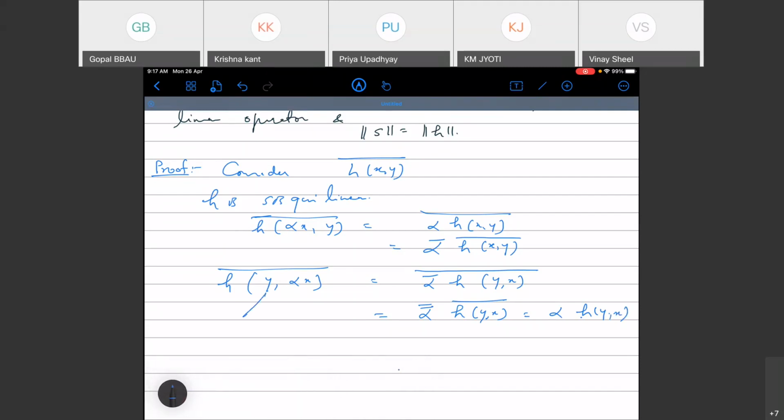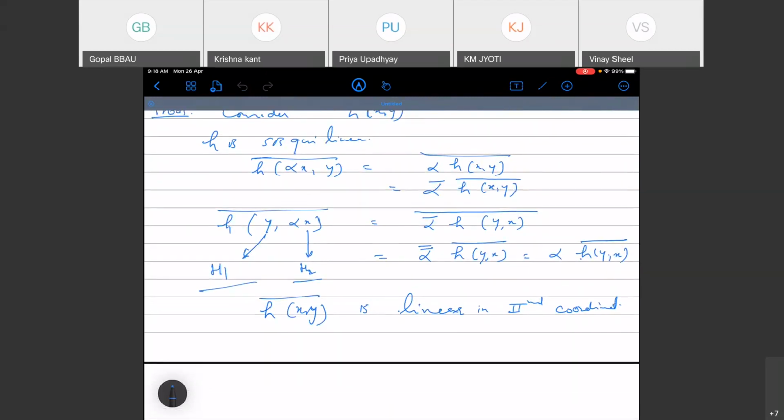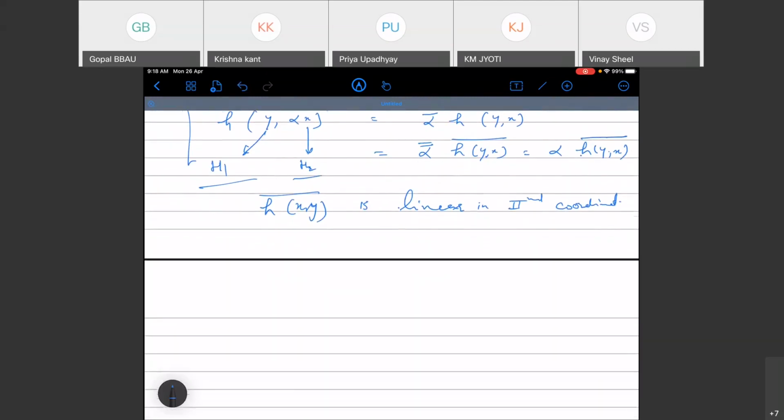So here this y comes from h1, this x comes from h2. So what you get is this, which means h bar is linear in the second coordinate. This is clear from this calculation.